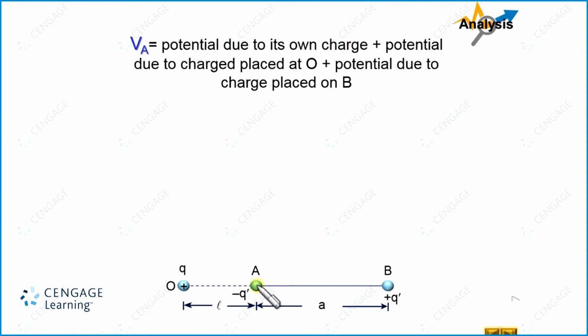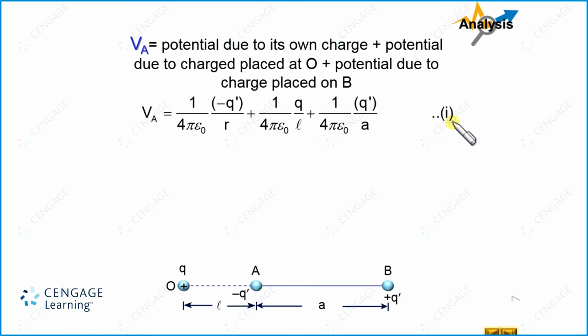So, the potential because of this q dash is equal to 1 upon 4 pi epsilon naught, minus q dash divided by r, plus the potential due to this, and the distance is L. That means 1 upon 4 pi epsilon naught q divided by L will be added to this value, and the potential because of this will be equal to 1 upon 4 pi epsilon naught q dash divided by A. So, this will be the summation of these three. Let this be equation number 1.